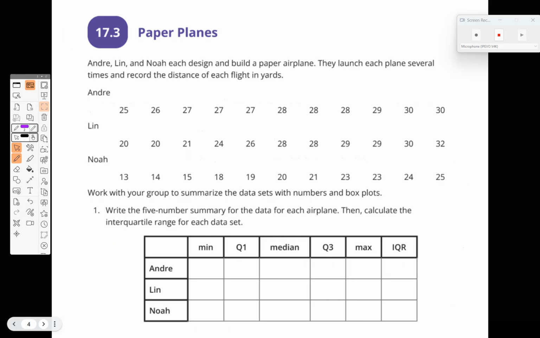Andre. His minimum is 25. So minimum 25, and his max is 30. Okay, we got that. It's Q3. Oh no, it's like medium. So 27 plus 28.